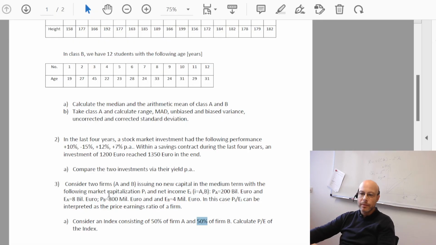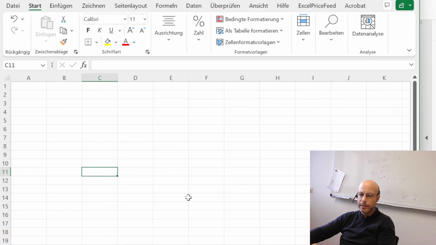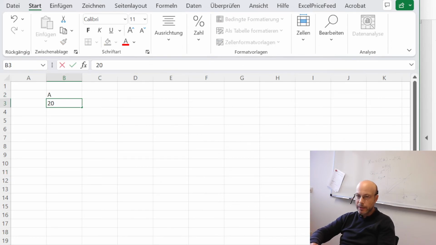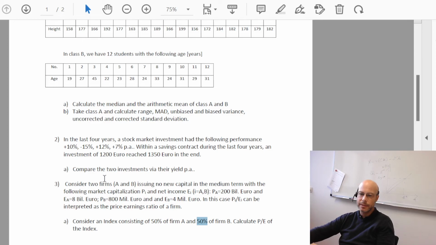Which kind of numbers do we have? We have 200 billion and 8 billion, so firm A. Since for the other smaller firm the unit is million, we put these numbers also in million in order to compare these two firms.